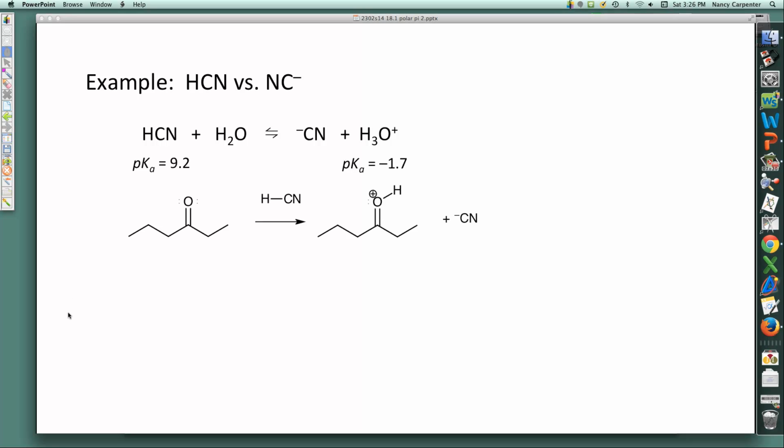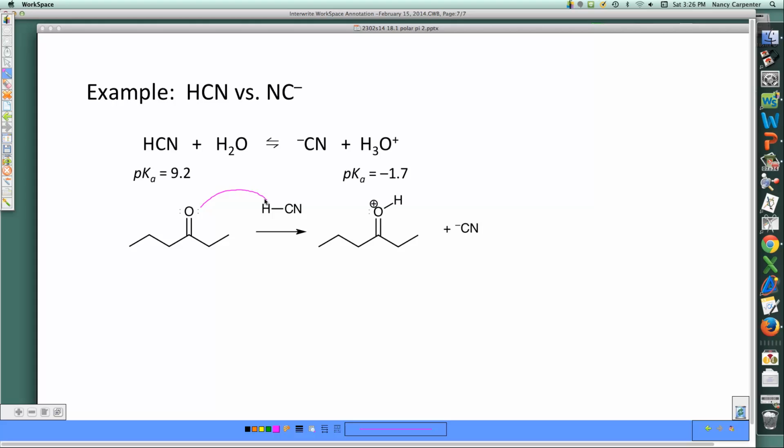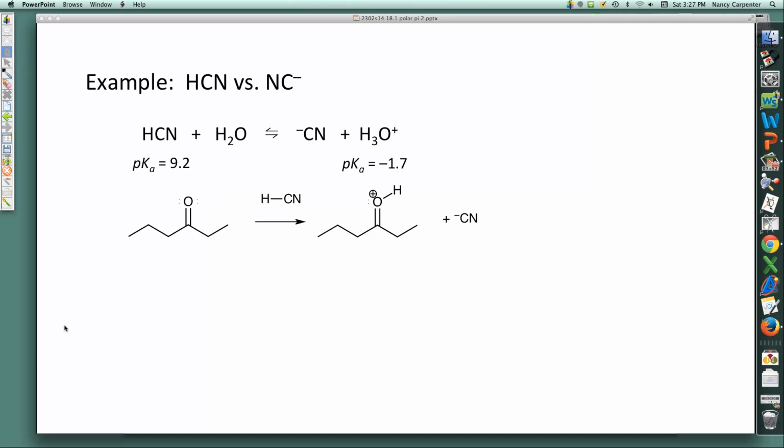So when it comes to actually trying to protonate the carbonyl to make this a stronger electrophile and this a stronger nucleophile, not so much. This is definitely an unfavored reaction, an unfavored acid-base equilibrium.